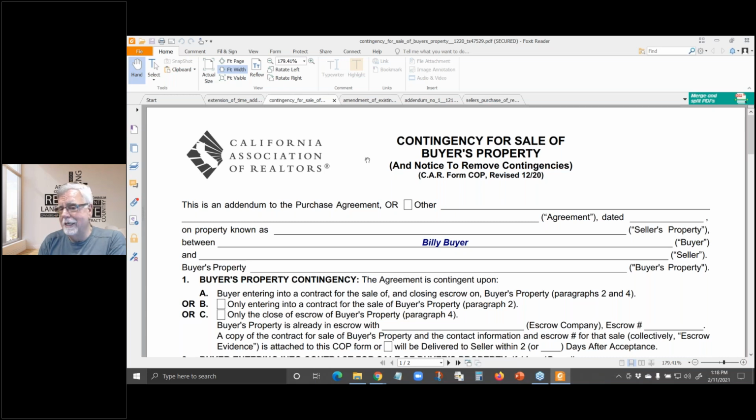So how much more would the contingent offer have to be before you would consider taking it? And the answer is a whole lot more. And by the way, for many sellers, it doesn't matter how much more. They don't want to take a property with that contingency.